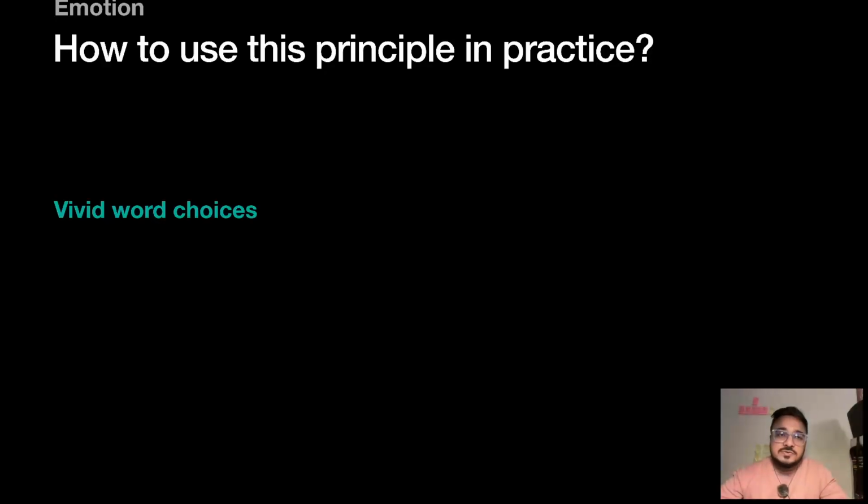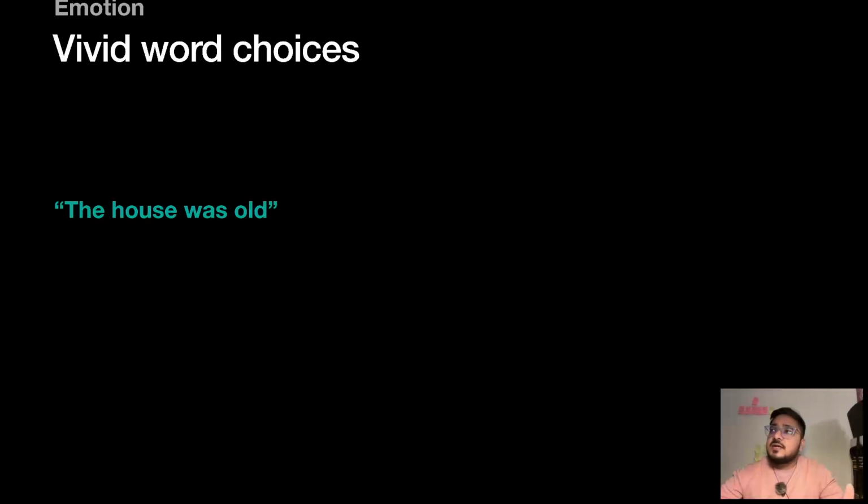So you can use vivid word choices. This is an example I have created. This is also from the book, but I did some extra things. This is a simple sentence. Okay, the house was old. Now if you prompt this to AI, and even if you just read it, what's the imagination in your mind about this particular house?